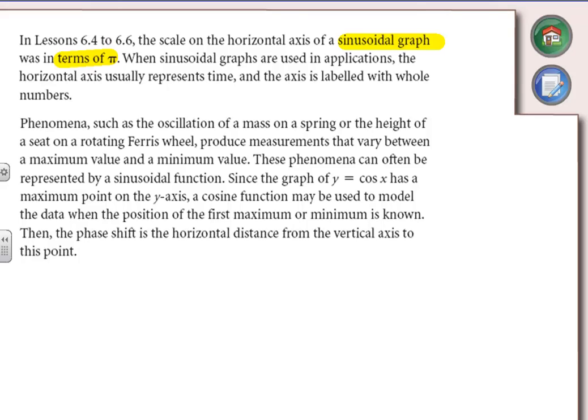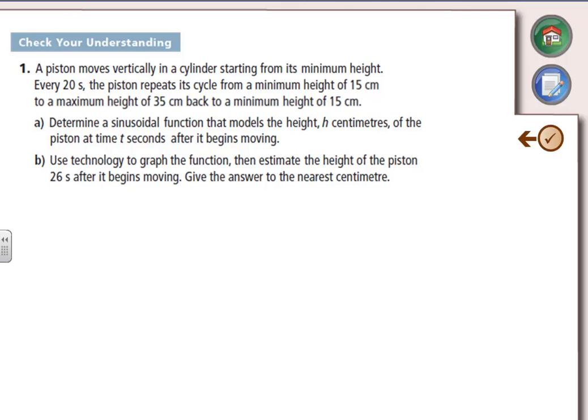We're not going to be using that for anything that's an application, such as oscillation of a spring up and down, rotating of the Ferris wheel, tides going in and out, the daylight during a year goes up and down, up and down. And these things go up and down just like a jump rope, just like life. The trig might get hard here too, but you keep on going.